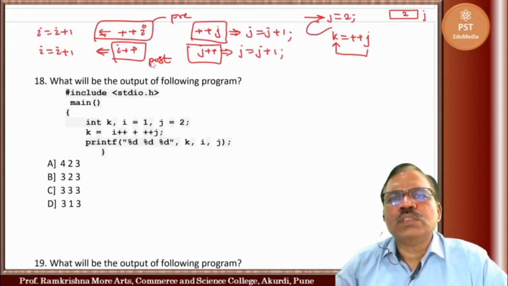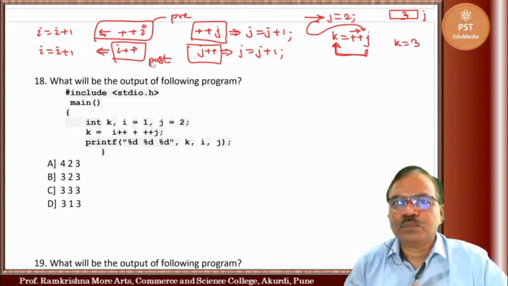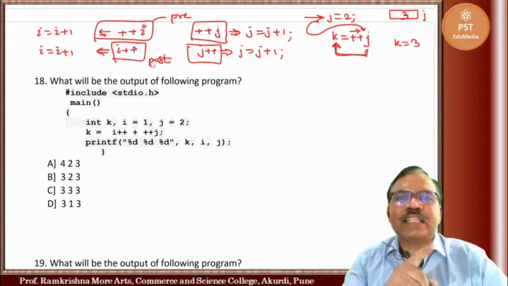When control goes here, first it is incremented by 1. So at the memory location j will become 3 and then given to k. So k becomes 3. First j is increased and then it is assigned.